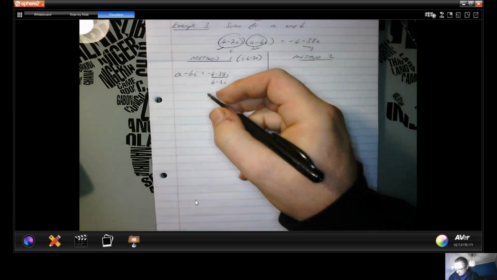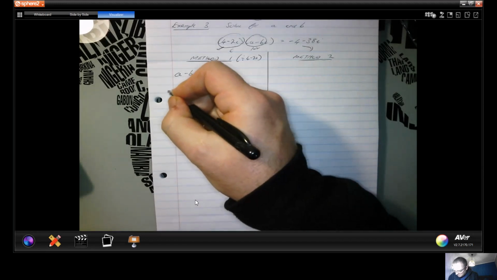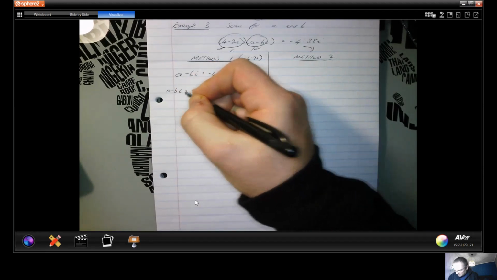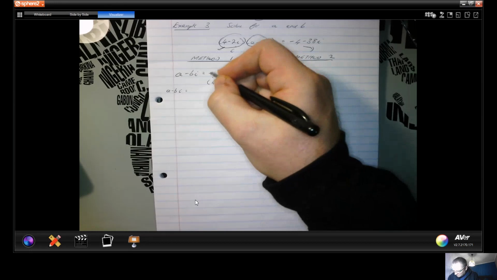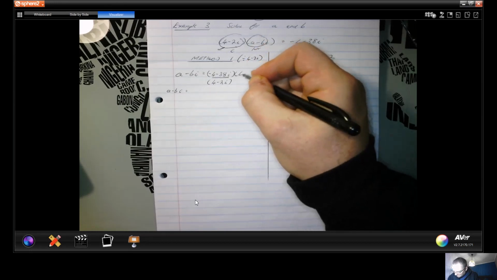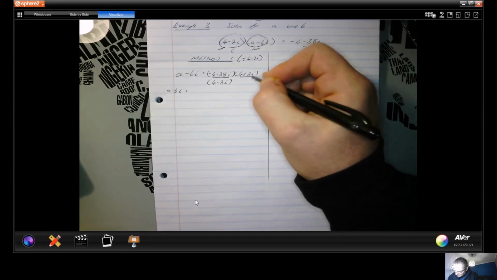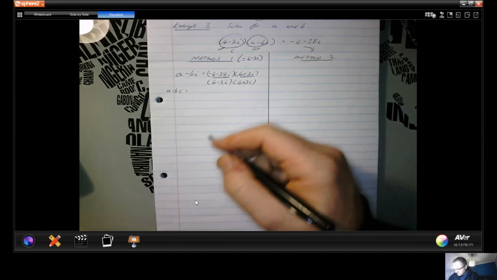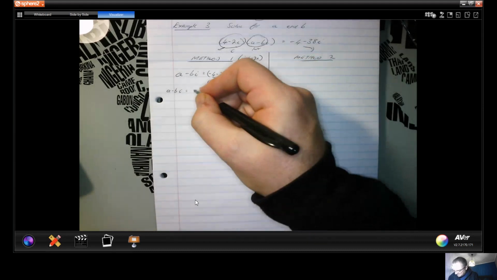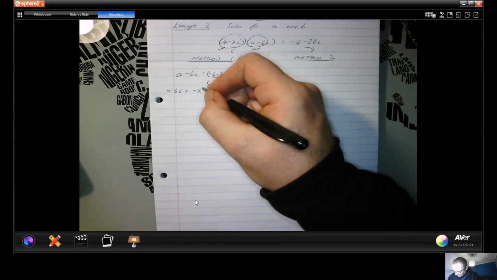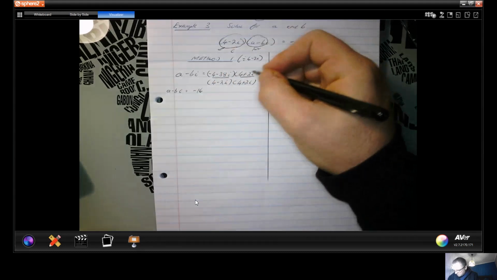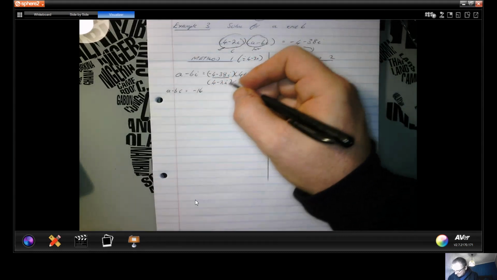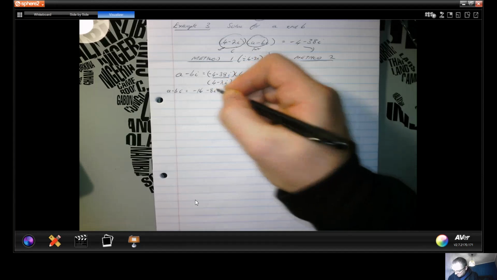Okay, and to sort out this mess, you're going to have a minus bi is equal to, well, you're going to times the top and the bottom by the conjugate of the denominator, which is 4 plus 2i. Okay, and you're going to get minus 16, minus 8i.